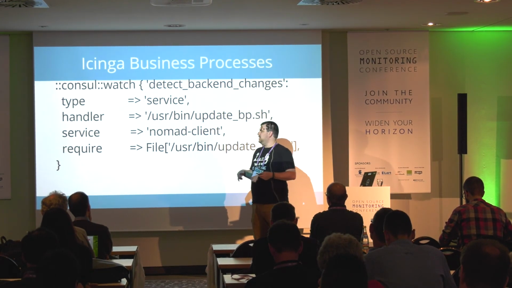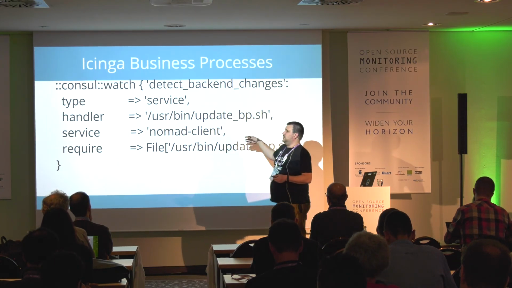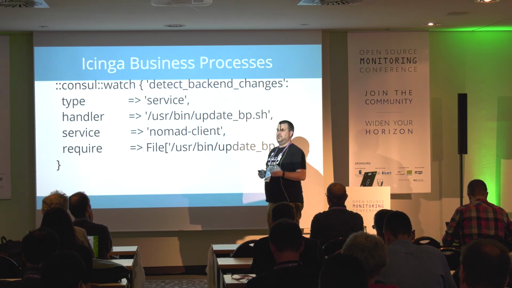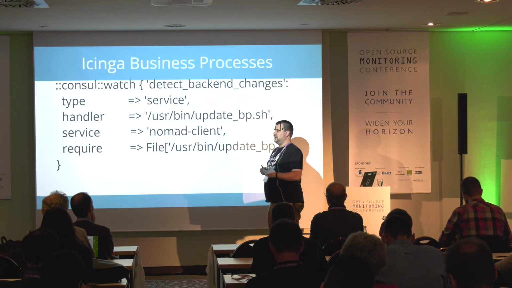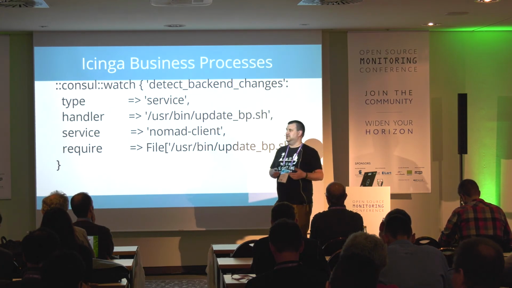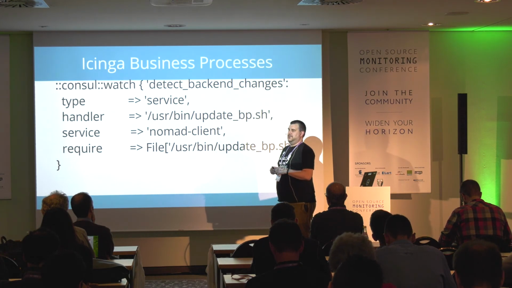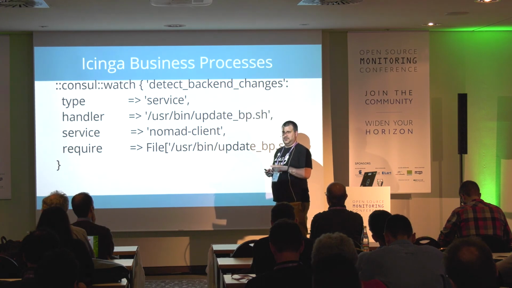In this case, I set up a watcher that looks for new Nomad clients. Whenever a new Nomad backend shows up, which in Nomad nomenclature is called a client, something that can serve services, I need to rebuild the business process UI.